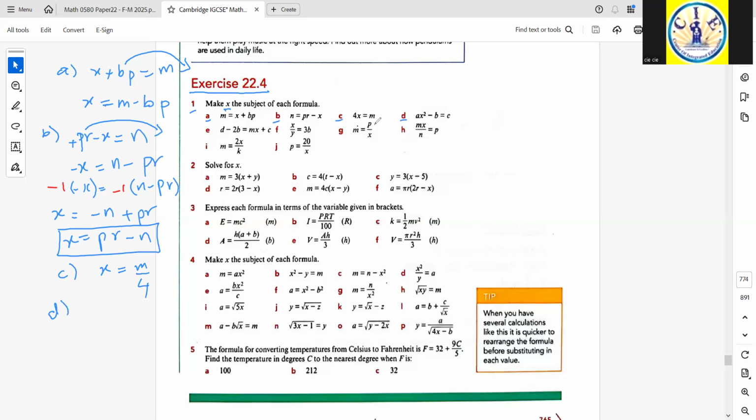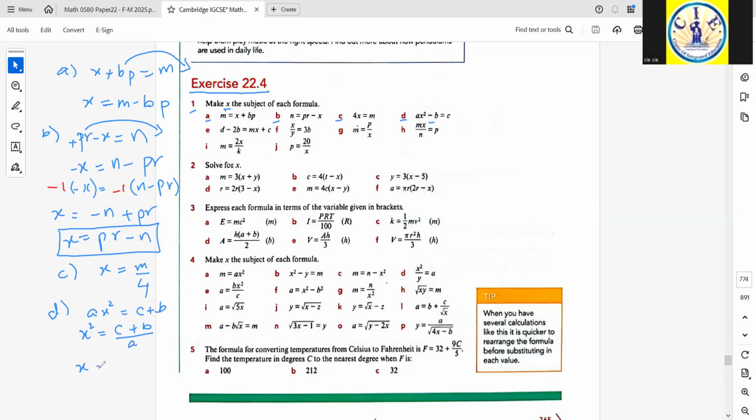In part D, when there is X squared and we need to make X the subject, first of all, I'm going to shift this B to the right side to make it positive B. And now, since A is being multiplied, it will get divided.